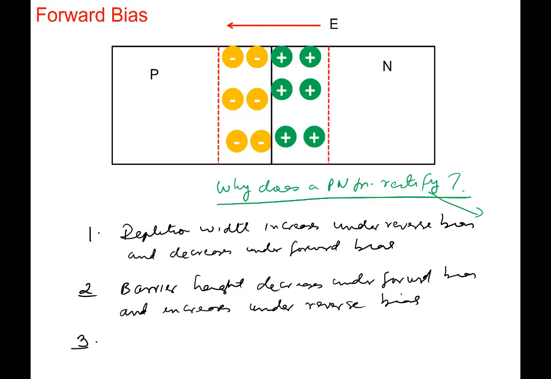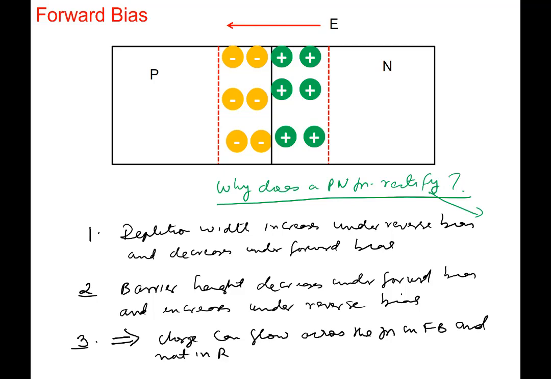No, charge flows. From where are you saying this? Oh, so from 2, you're saying charge can flow across the junction in forward bias and not in reverse bias, right? Is that what you want to say?